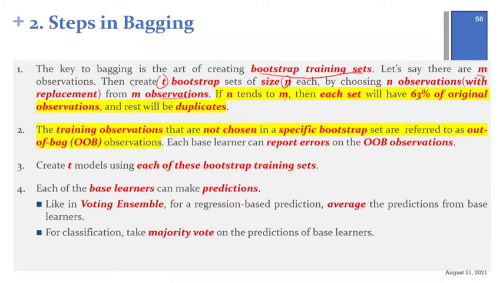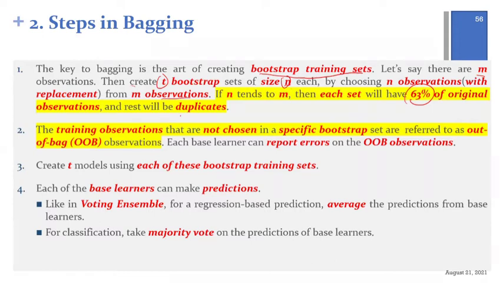If N tends to M, as our mathematicians will know better, then each set will have about 63% of the original observations, and the rest will be duplicates. So there's room for duplications.